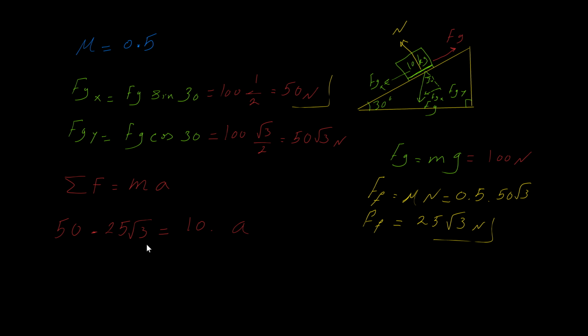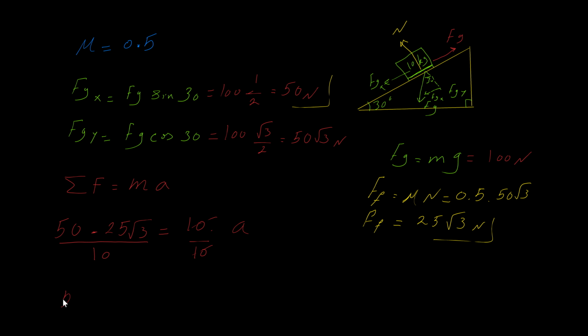So we divide both sides by 10 to find the acceleration. That cancels out. Now we need to find the exact value of that root value divided by 10, and then we have our acceleration. 25 multiplied by root 3, which is close to 1.7, gives close to 43, a little bit more than 43.